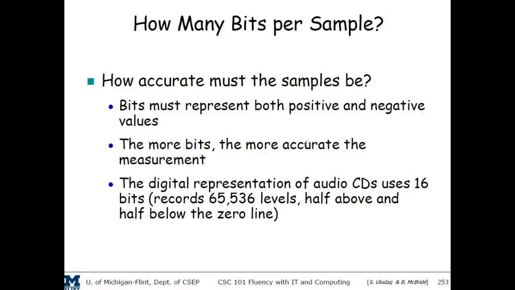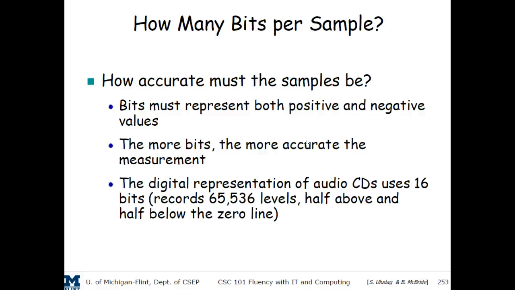Now, the last issue to consider is the number of bits used to save a sample, which determines the accuracy of the representation of the sound wave information. Again, the more bits in general, the better the accuracy, but it also results in larger files when we're done recording.